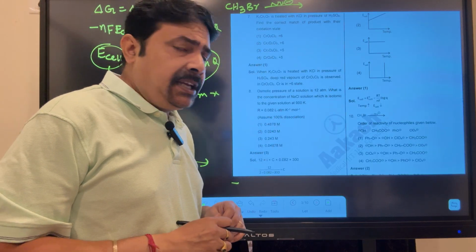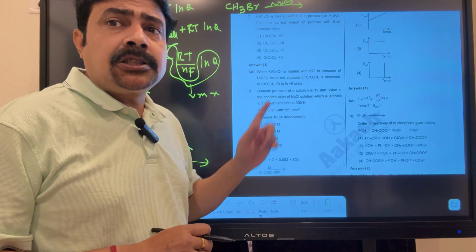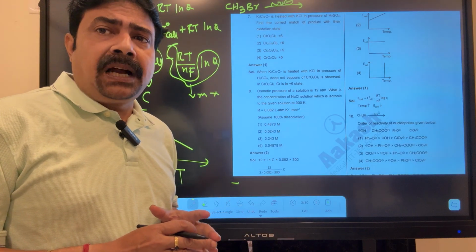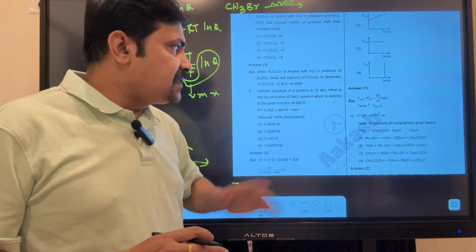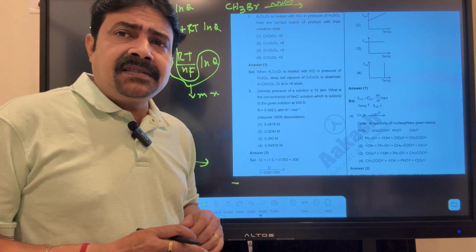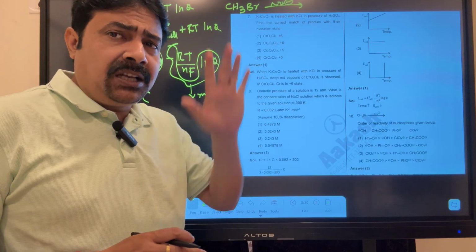OH minus is a better nucleophile compared to PhO minus, because in PhO minus the negative charge on O minus will be dispersed in the benzene ring. Whereas CH3CO2 minus has equivalent resonance, PhO minus is stabilized only via resonance, and in ClO4 minus there are 4 equivalent structures.